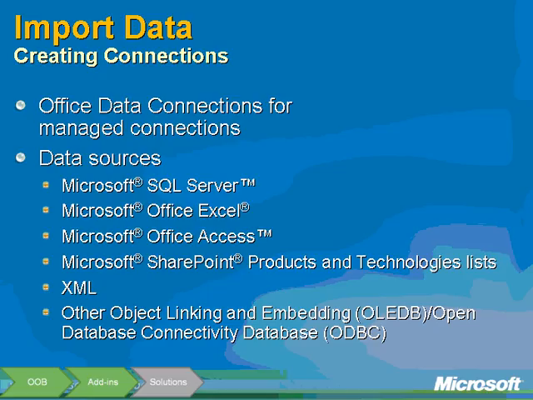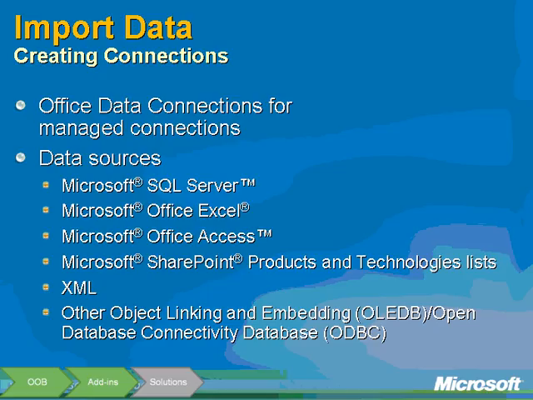I mentioned already the notion of Office data connections. The idea here is that this is a managed connection that can be created automatically by an administrator, and then you can work through that connection. That way, if an administrator updates from, for instance, a staging server to a production server, that can flow into your application automatically. Other data sources we have include SQL Server, Excel, Access, and all kinds of SharePoint.